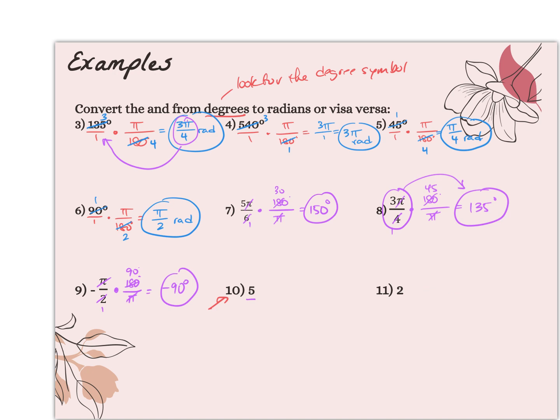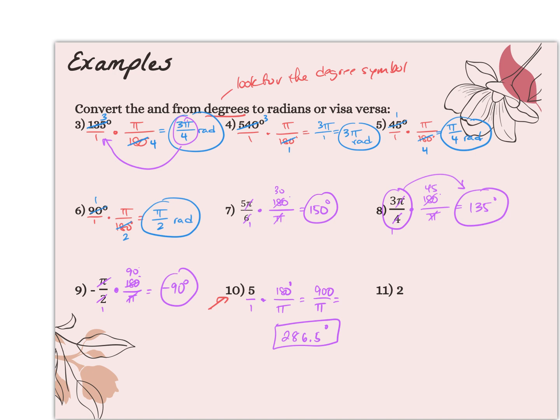So 5 over 1 times pi in the bottom, 180 degrees at the top. 180 times 5 is 900. So 900 over pi. And now what I'm going to do is just divide 900 by pi, which gives me 286.5 degrees. And that's my answer.